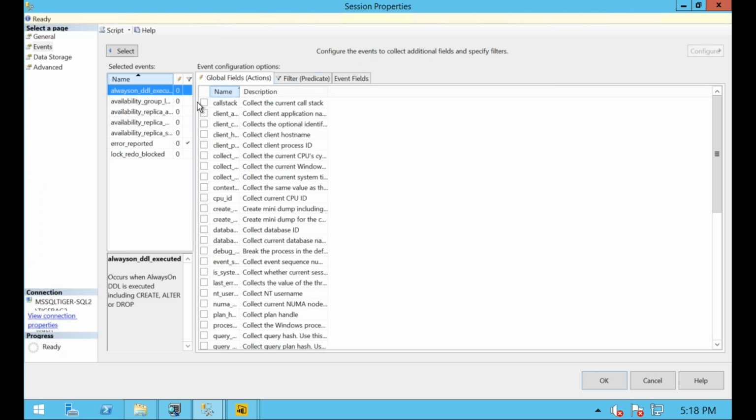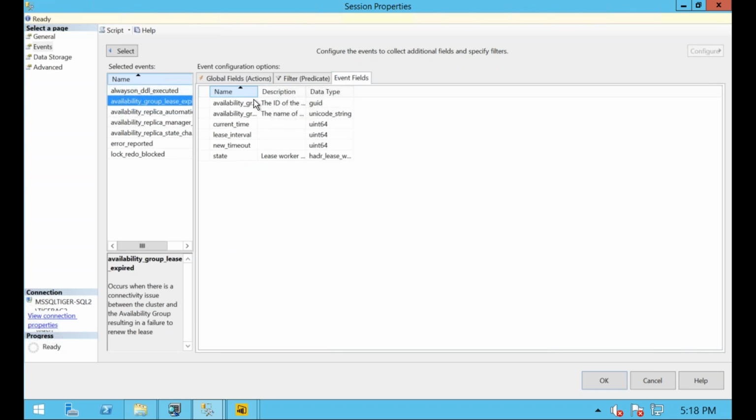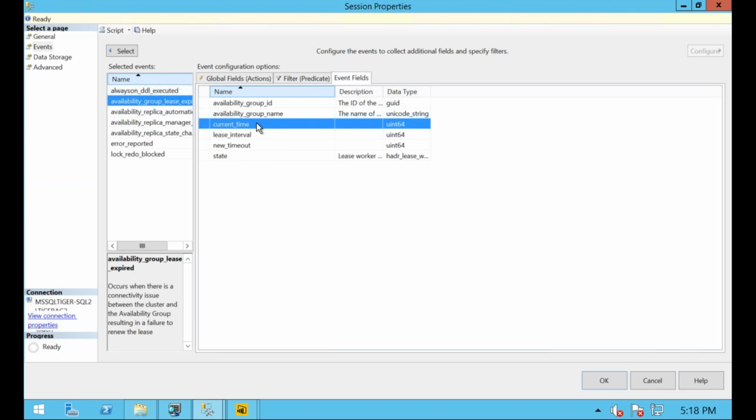What this event does is it gives you the capability of tracking down multiple things. I'm going to quickly switch over to configure. For example, you get to see when an AlwaysOn DDL executed. We were talking about the AlwaysOn group lease expired. This is the event that we have enhanced, so this would give us a lot more information. If you look at the event fields for this event, it gives you the availability group name, the current time, and the new timeout.